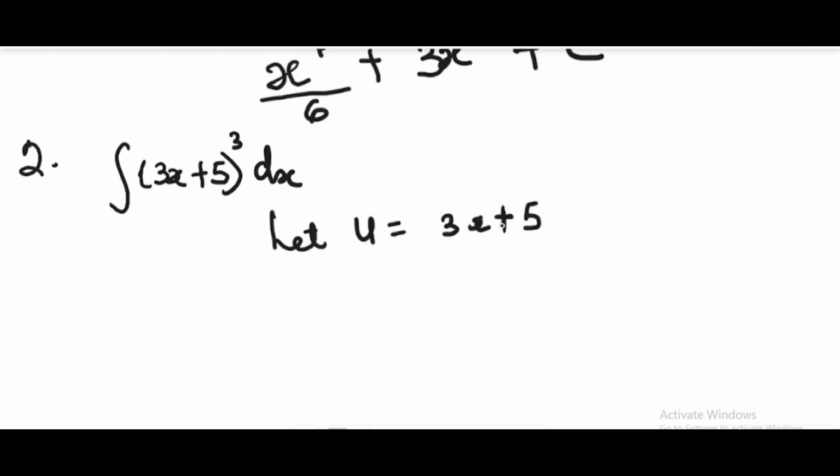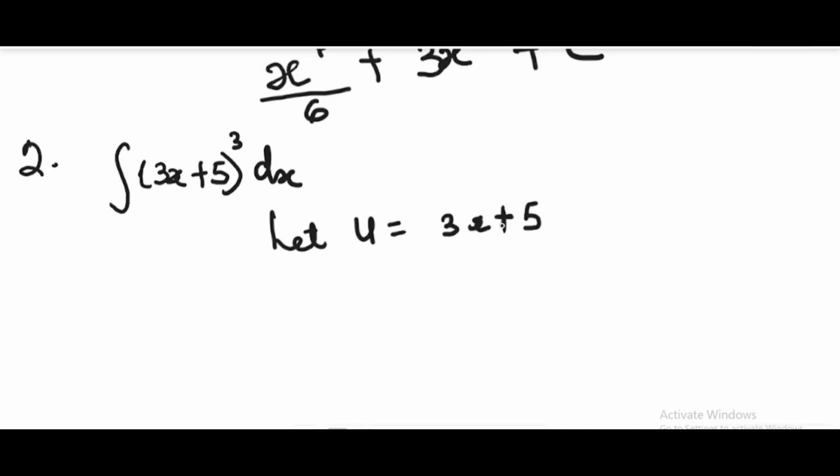So you cannot be integrating a variable with respect to another variable. All right? So what happens? So what happens is that we're going to be differentiating this u. Since we are saying let u be equal to 3x plus 5, so we differentiate u with respect to x. Because if we're going to be replacing 3x plus 5 with u, that means that the x has to be changed to the u. Right?